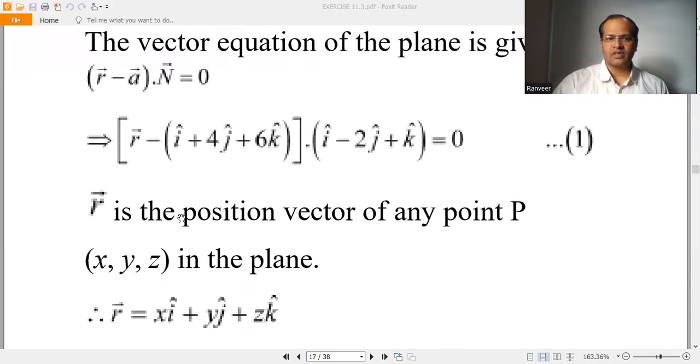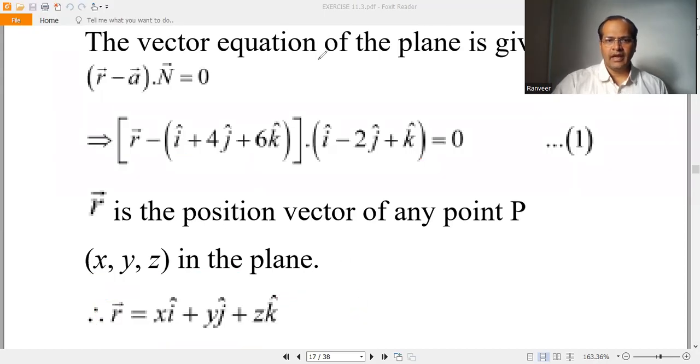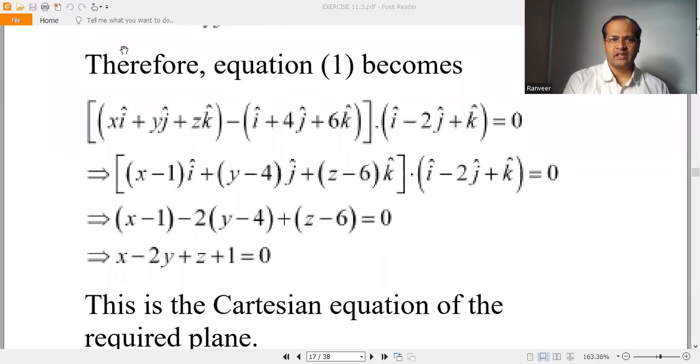So for the vector equation, this is nothing but r minus a dot n. This is the vector equation. So r is the position vector of any point x, y, z in the plane. So r equal to xi plus yj plus zk. And we have to substitute the values and just do the calculation here.